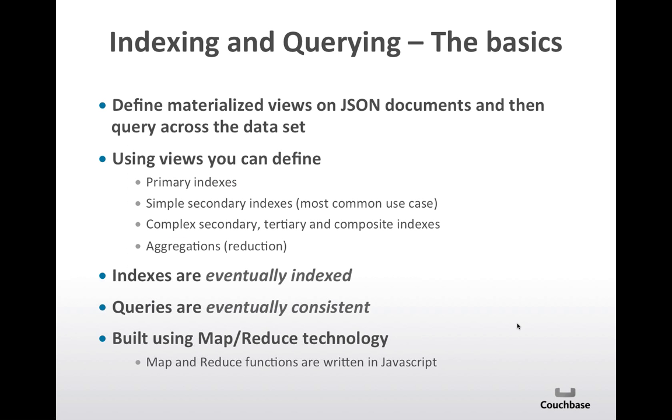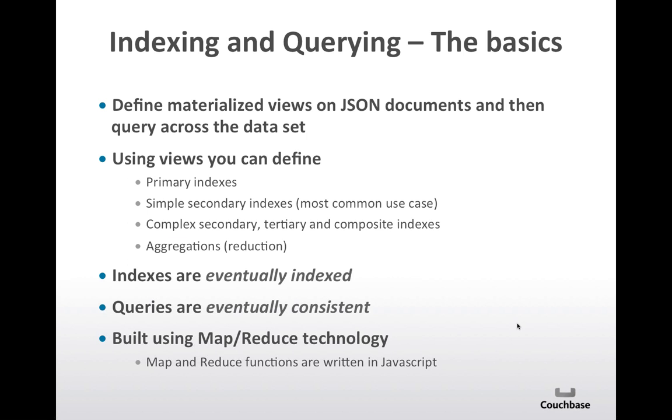So let's get back to the presentation and take a look at how the indexing and querying works in Couchbase. As I mentioned before in the earlier slide, with the JSON support, now we can create materialized views over your JSON documents. And your application can use this view to query the data across the data set.